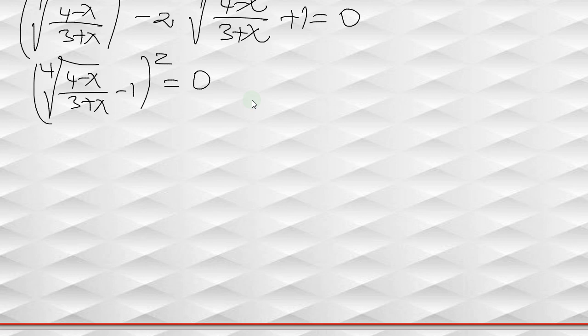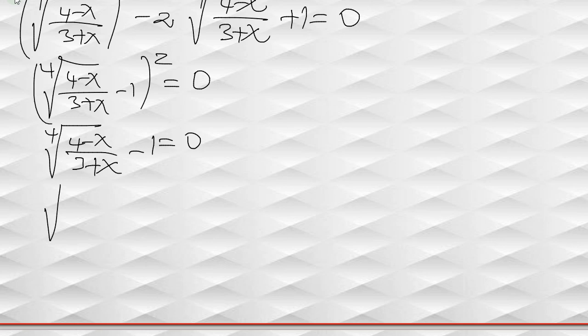And then from here, we take the square root on both sides, and the square root of 0 is 0. So we're going to have the 4th root of 4 minus x over 3 plus x, minus 1, and this is 0 once we have taken the square root.